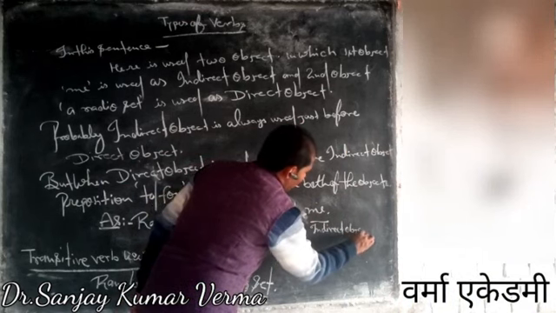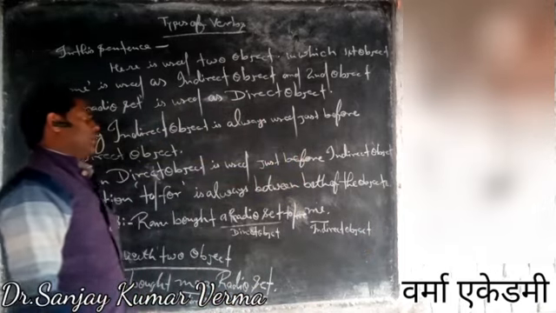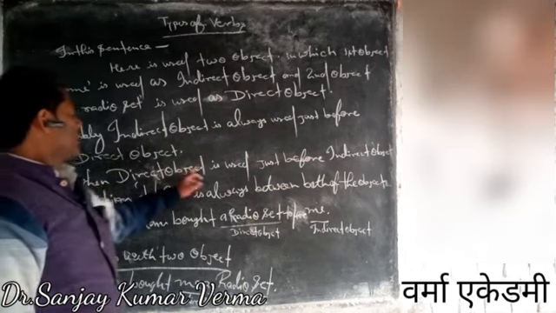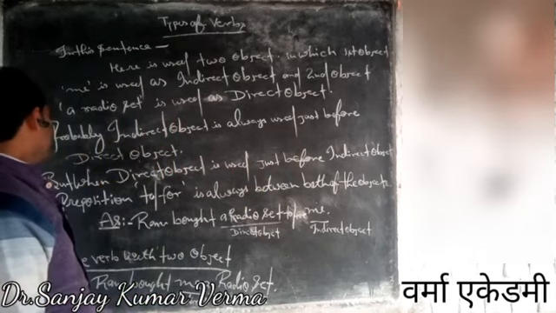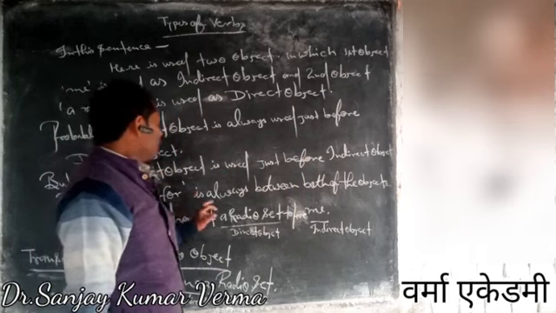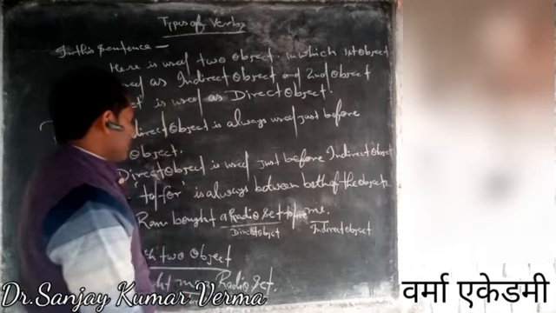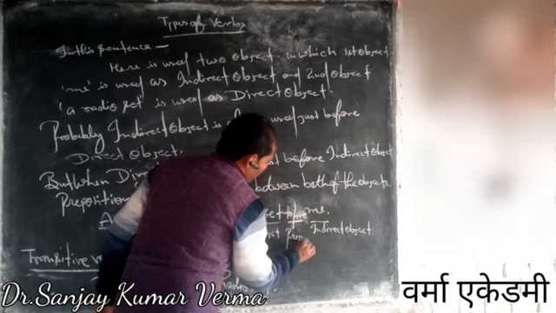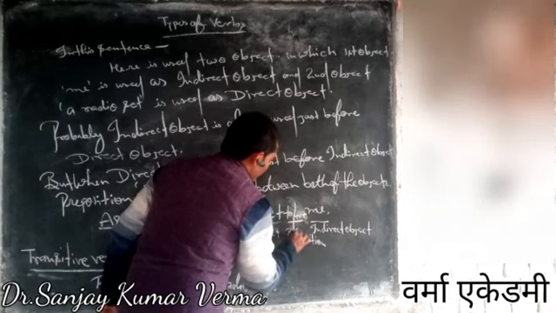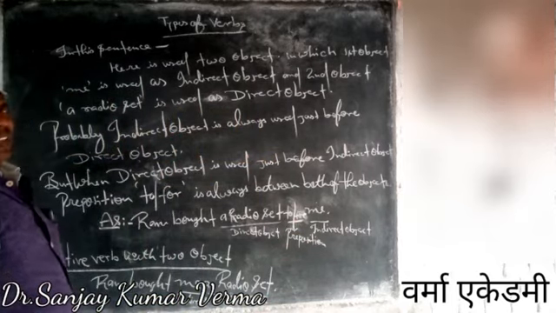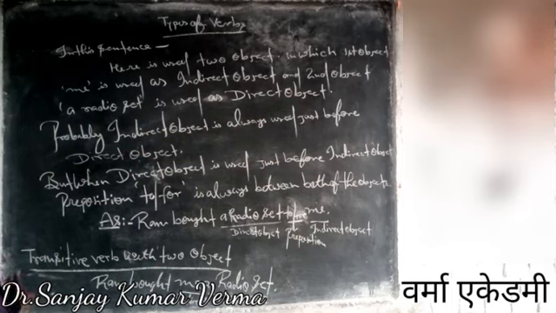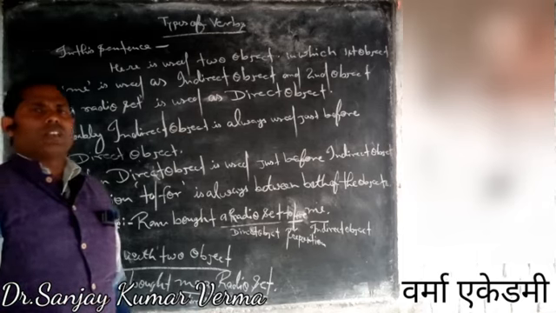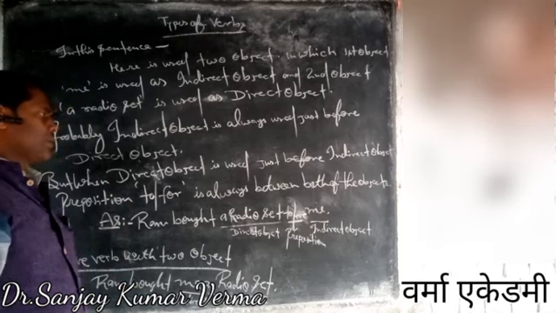Always remember this point that when direct object is used just before indirect object, the preposition to or for is always used between both of the objects.